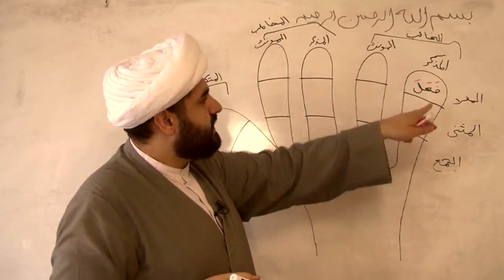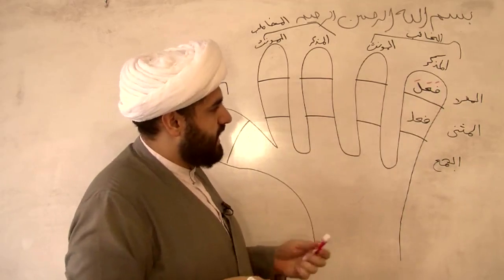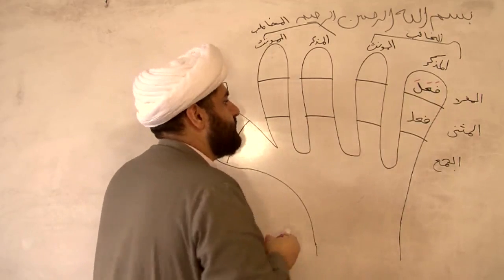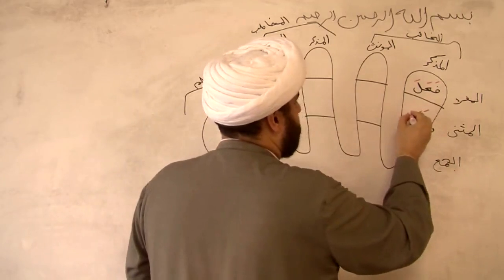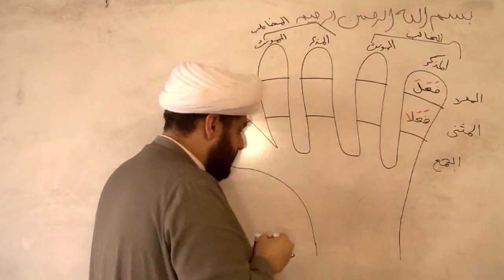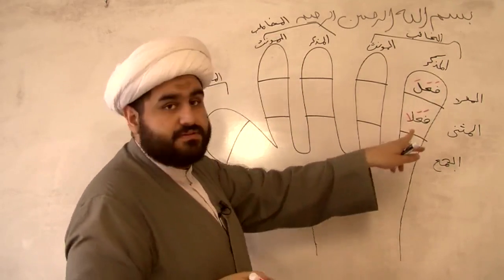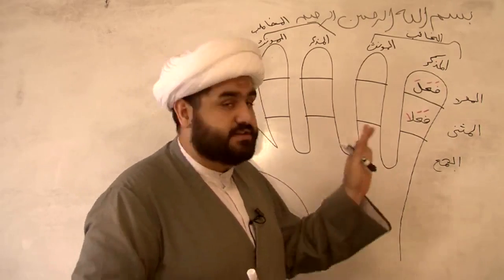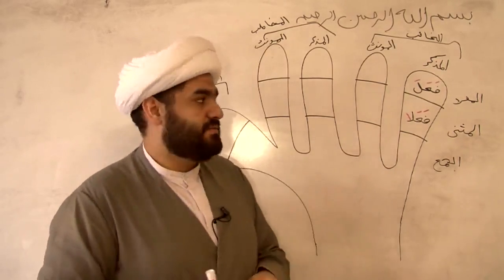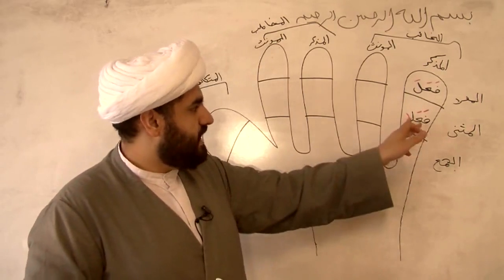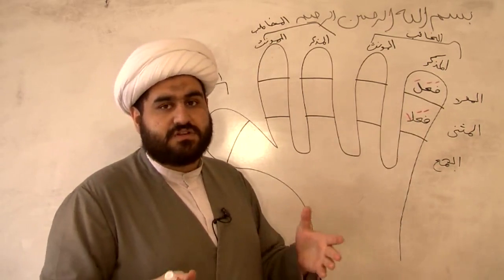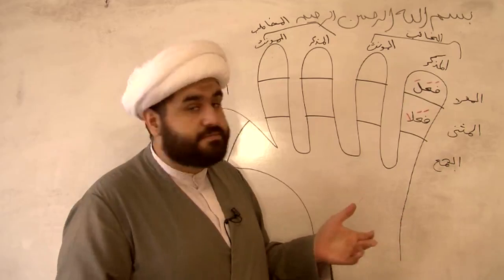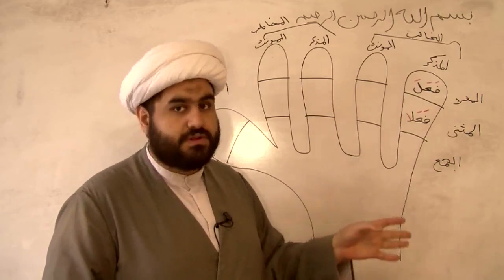How? You just add an alif to the end of it, right? Fa'ala. Now, the alif, as you see here, and if you are also following the Nahv class, we already talked about it in lesson number 9, that this alif is actually alamat al-damir, an indication of pronoun, right? So this is the pronoun here.